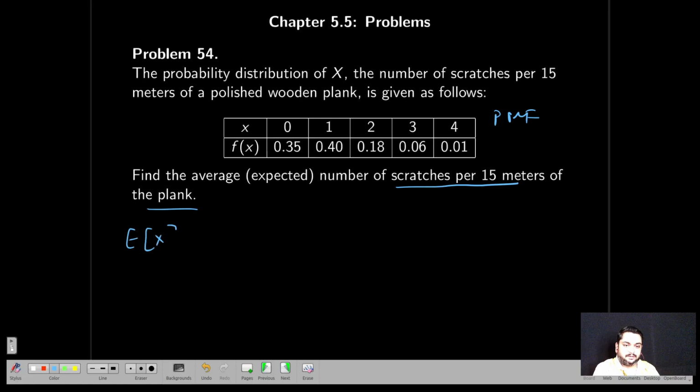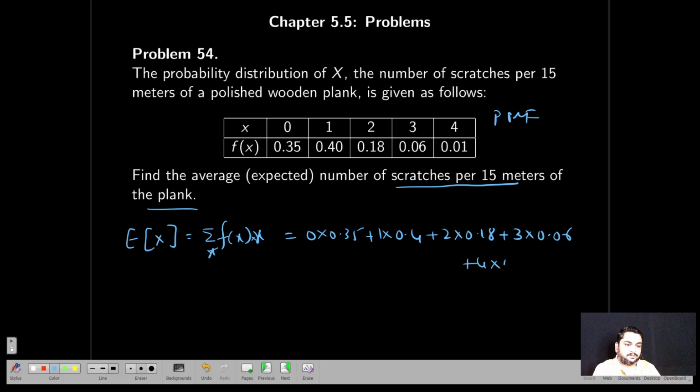E of x is equal to summation of x into f of x. So this is nothing but 0 into 0.35 plus 1 into 0.4 plus 2 into 0.18 plus 3 into 0.06 plus 4 into 0.01. We will get this as 0.98. Simple question. Can be asked for 1 mark in your exams.